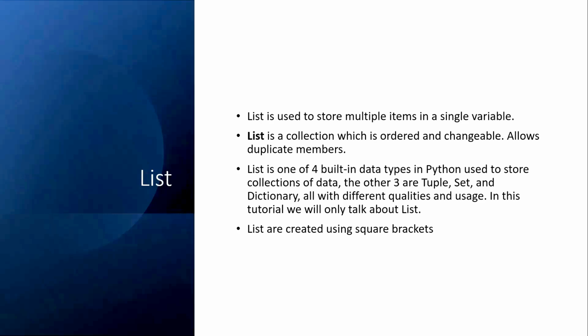All four have their different usages, and the way you use any of these will depend upon the requirement. So, for example, as mentioned, list is ordered and changeable, and it allows duplicates. So you will use list whenever you want whatever values you added in a list to be in the order in which you have added them.